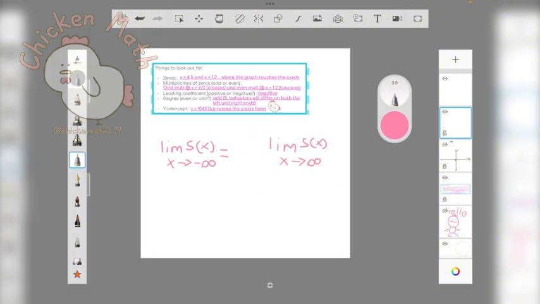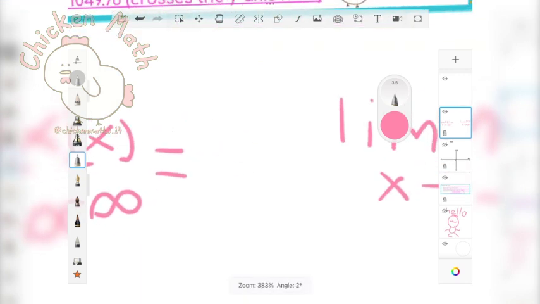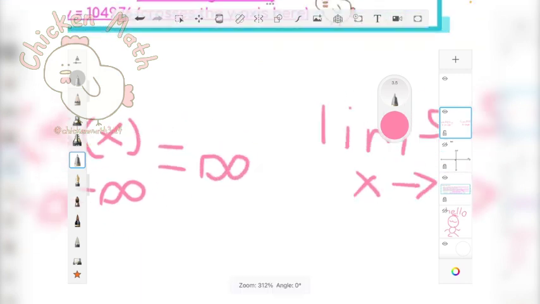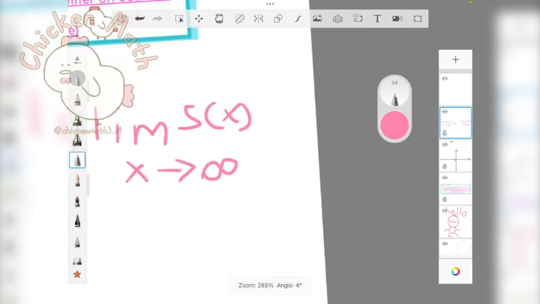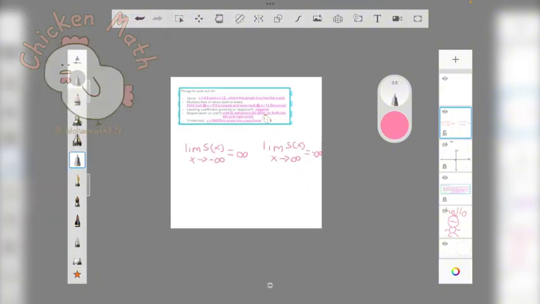So, since our leading coefficient is negative, that tells us that as our inputs decrease without bound, our outputs will increase without bound. And as our inputs increase without bound, our outputs will decrease without bound. So this will be the end behavior of s of x.